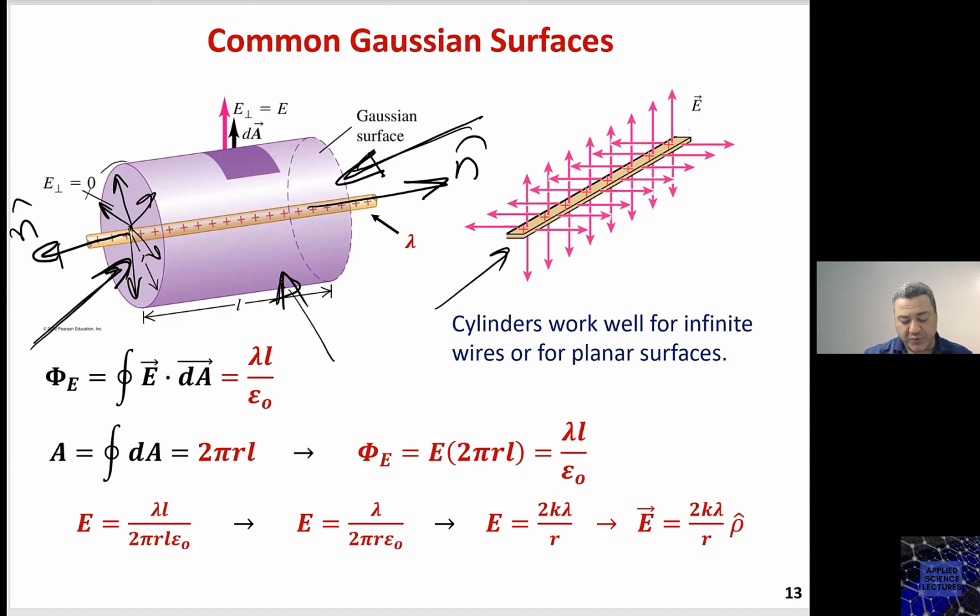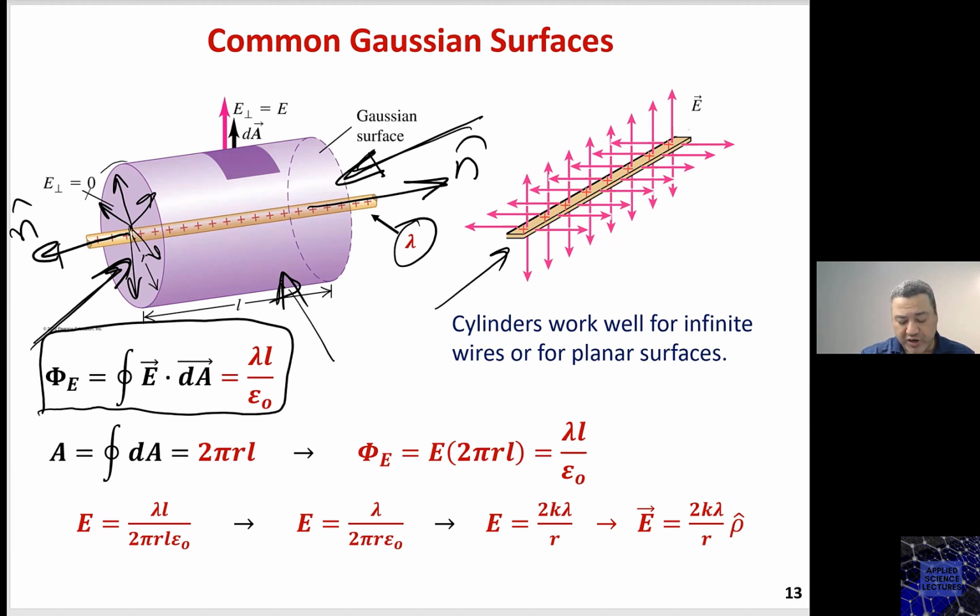In this case, the flux would be, as I said, this is the general equation for the flux. Remember here, I have the charge density for this line of charge.